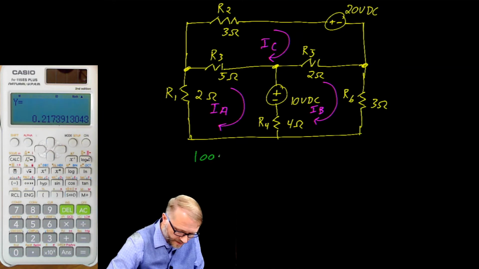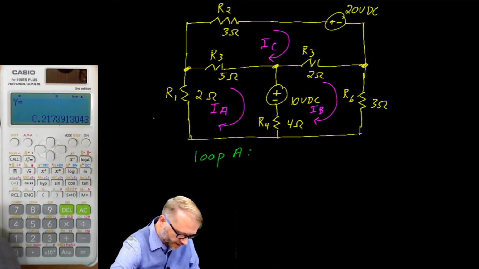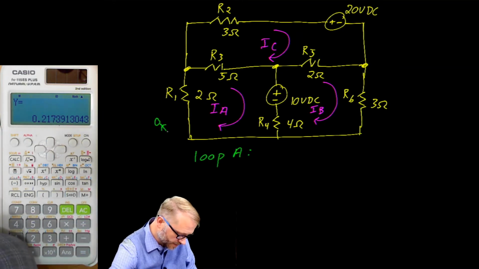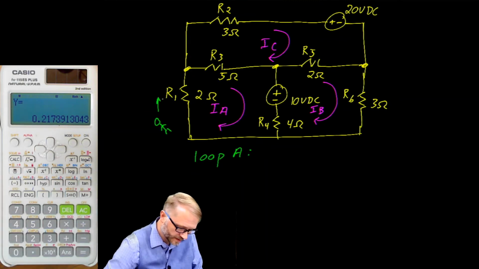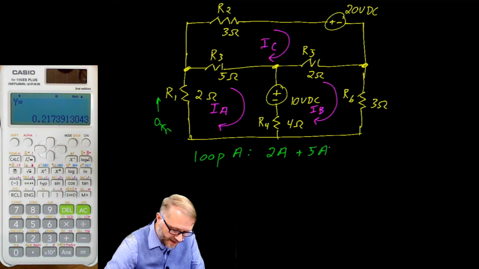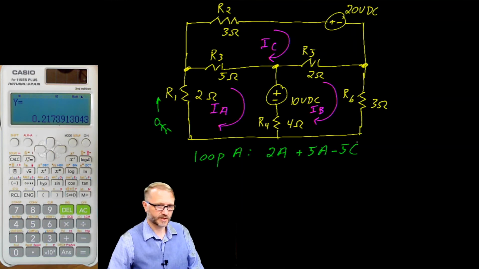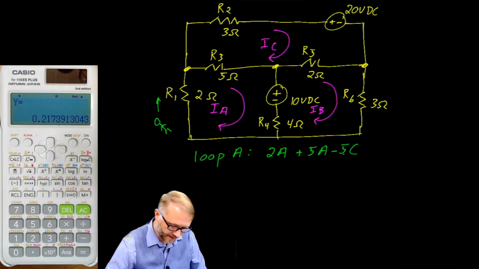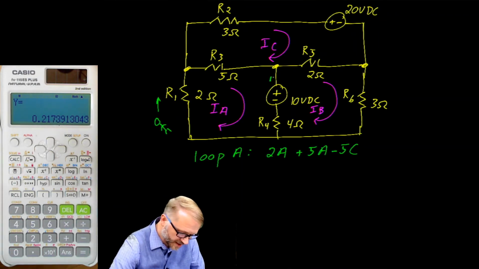For loop A, starting in the lower left corner, we make a journey. We would encounter this resistor, so we'll call that 2A. Now we're on R3, plus 5A minus 5C, because current C is flowing against current A, which brings us here.